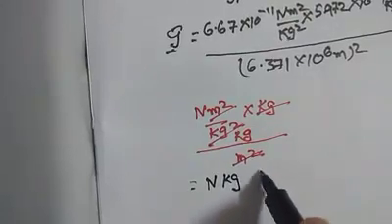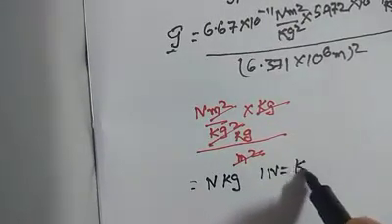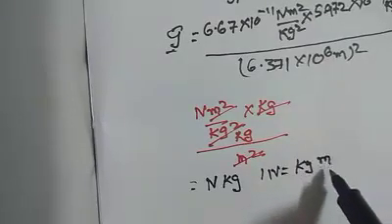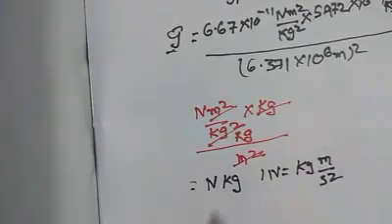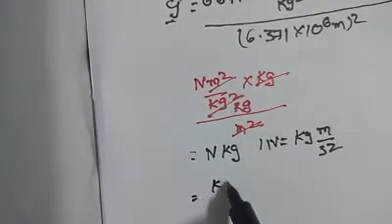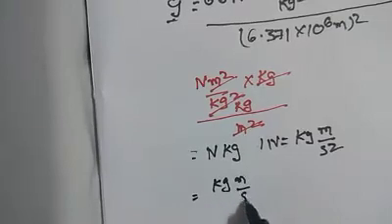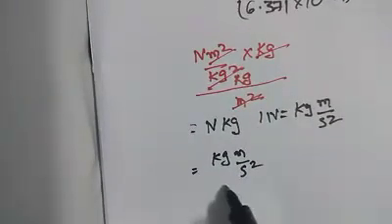And what is 1 Newton? 1 Newton equals 1 kilogram meter per second squared, right? So I just substitute this value over here, so it would become kilogram meter per second squared, whole divided by kilogram.